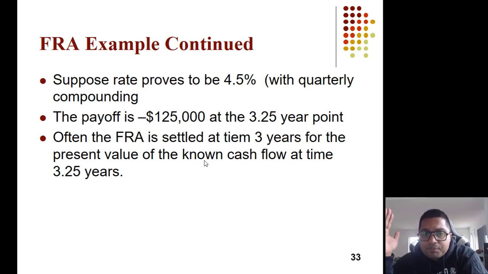Though the payment is due when the FRA ends at 3.25 years, FRAs are always settled at the beginning. So don't get bogged down right now. Just try to understand what an FRA is. An FRA is where you replace a fixed interest rate with a floating one.